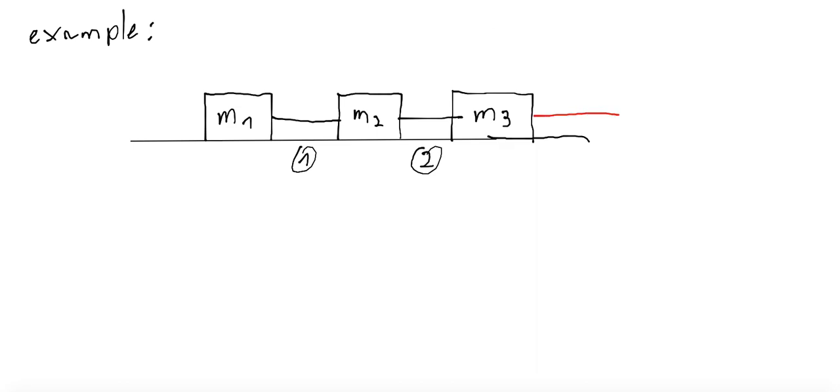And these three masses experience a force, let's say, of 50 newtons. Mass m1 has a value of 5 kilograms, mass m2 has a value of 5 kilograms, and mass m3 has a value of 10 kilograms. And again, a very similar question. What is a tension of string 1, so here, and what is a tension of string 2, so here?